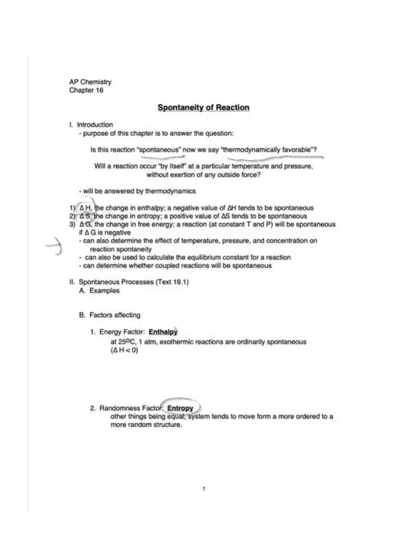Now, to review again, if it's an exothermic reaction, it will typically be spontaneous or thermodynamically favorable. Again, remember your potential energy diagrams. Down here is the course of the reaction. If a reaction is exothermic, here's the energy content of the reactants.